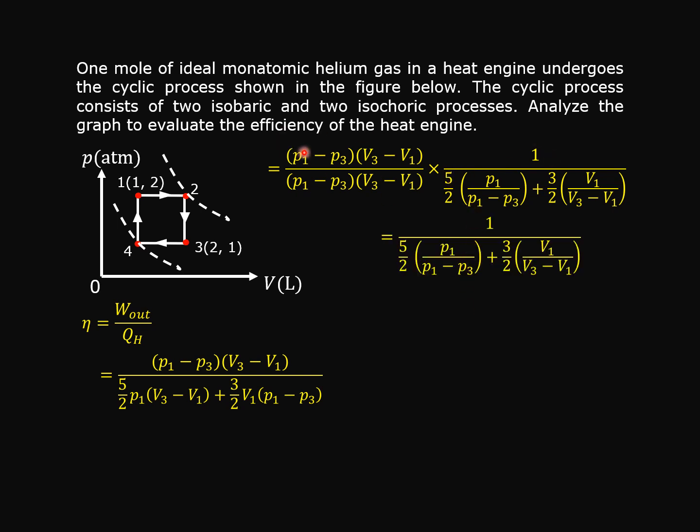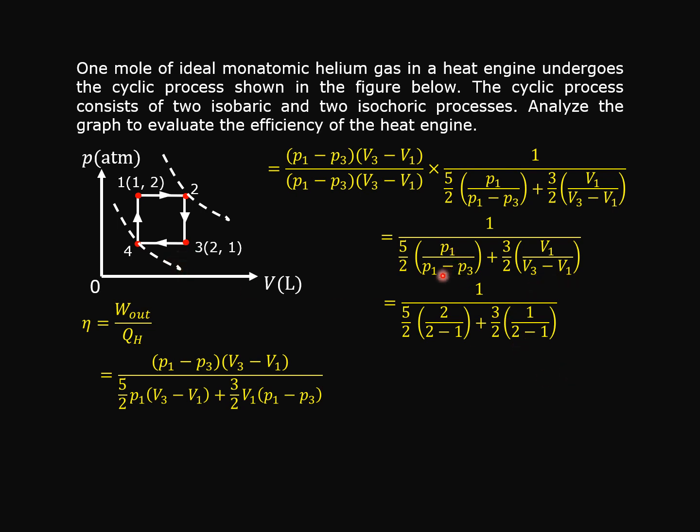So after factorizing, we have these two cancel out, then we will get this form. We can now start the value substitutions, where P1 takes the value 2, P3 is 1, V1 is 1 liter, and V3 is 2 liter.